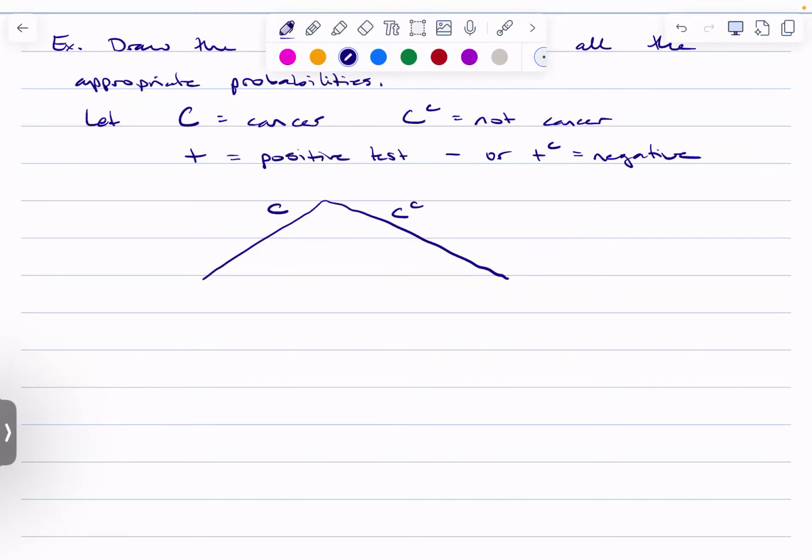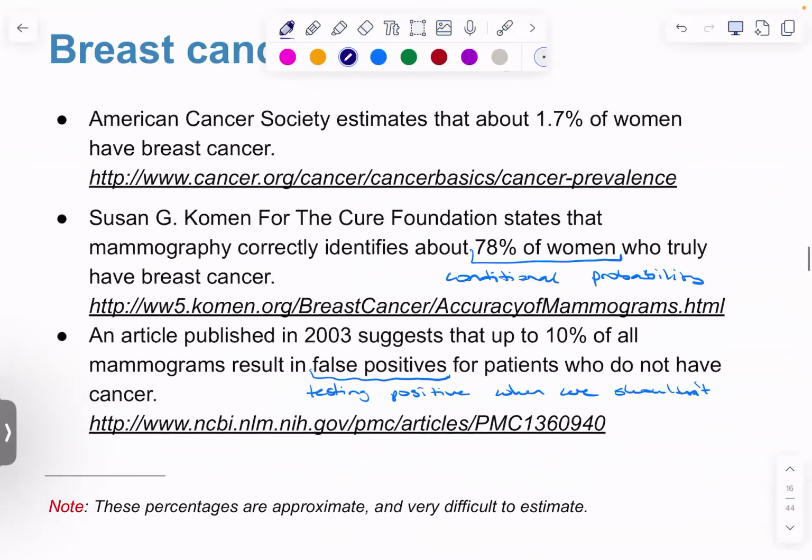All I really need to see, I don't need to see the notation or anything, are the probabilities below here. I do need to see which branch is which, otherwise it's going to be really hard to follow your work, right? So you do need to identify which one is which and what the probabilities are underneath each branch.